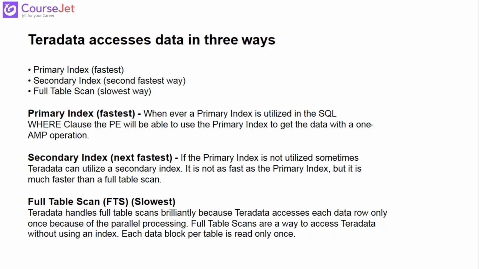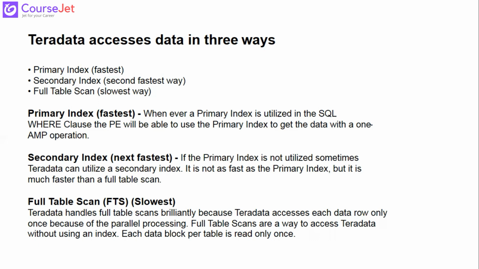But due to this parallelism, even if you have 1,000 rows and 100 AMPs, right? So each will be having 10 rows. So even full table scan is fast, but when the data is huge and the table is bigger, we don't recommend full table scan. So we have to find a way to avoid the full table scan.